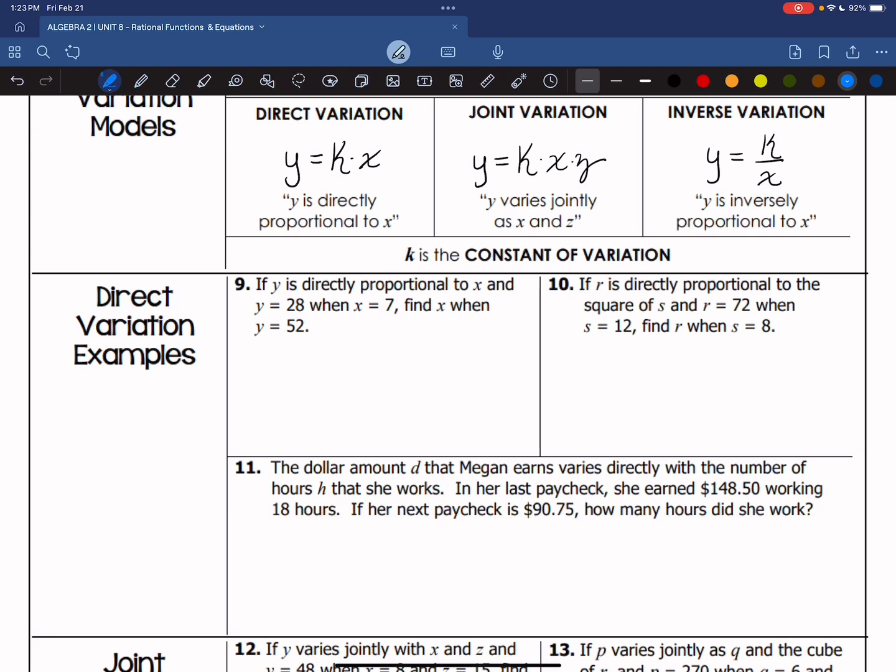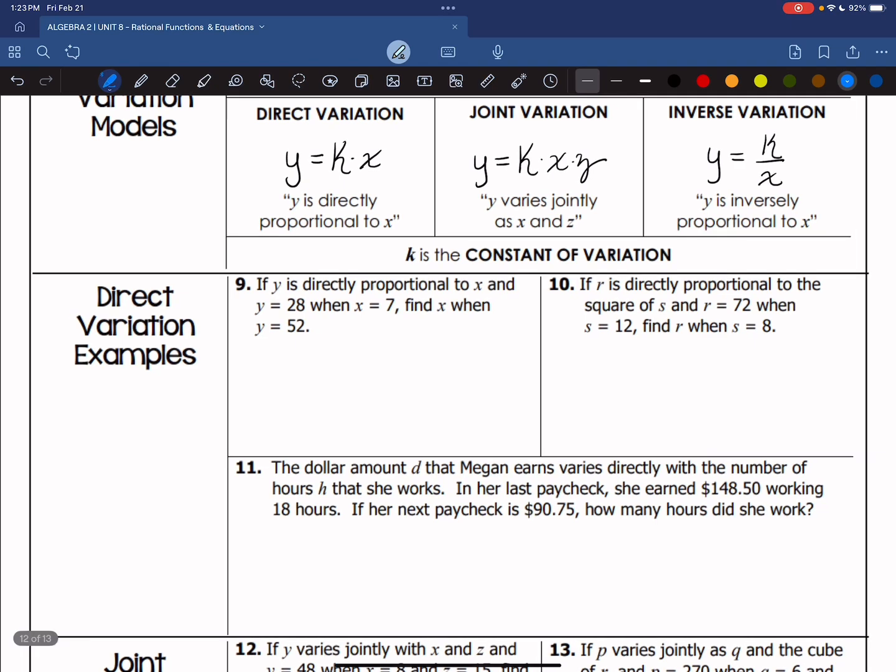It says that Y is directly proportional to X. And so that means it's got to follow this kind of format when we're writing our equation.